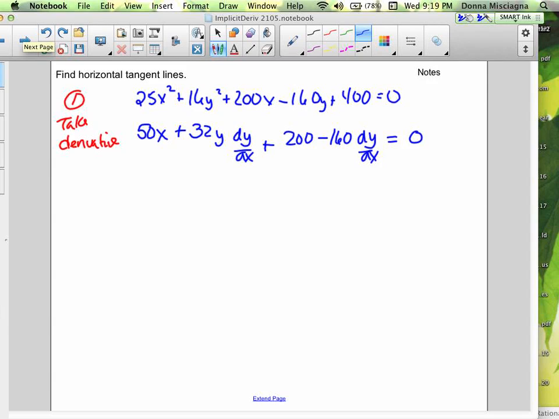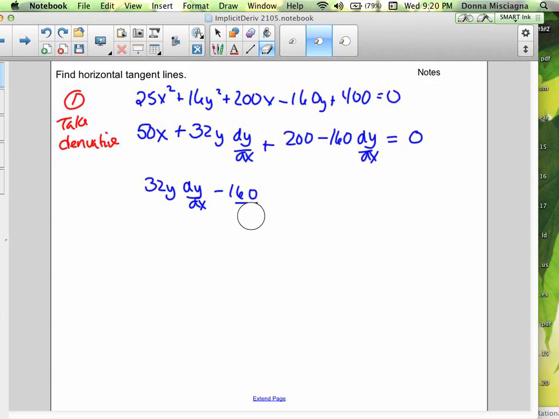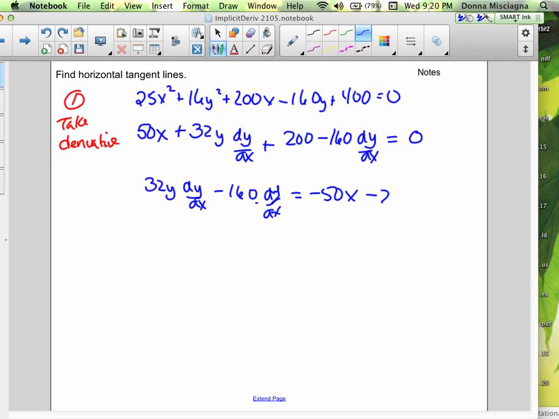We'll move the terms without dy/dx's to the other side. So we have 32y dy/dx minus 160 dy/dx equals negative 50x minus 200. Factor out dy/dx.